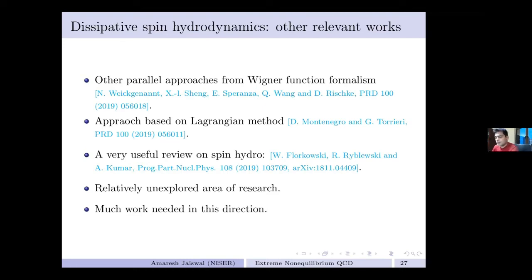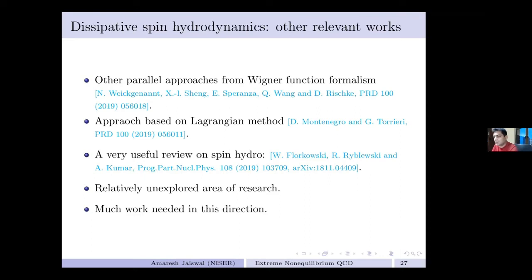I have not gone into the details of how everything in spin hydro is derived, but what I wanted to impress upon is that this is a relatively unexplored area of research, and much work is needed in this direction.